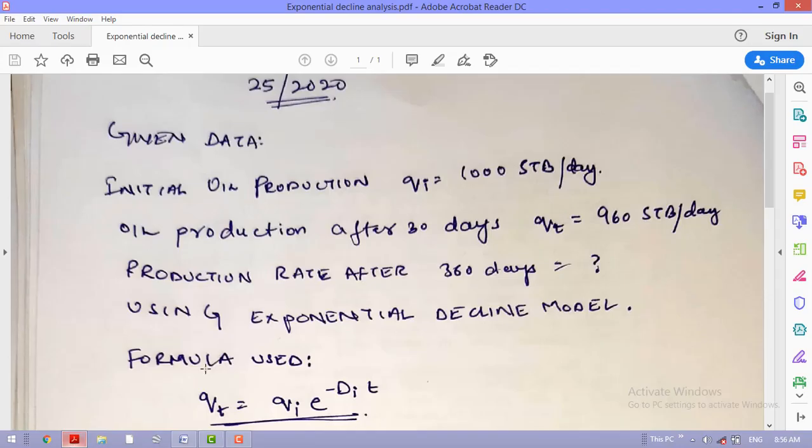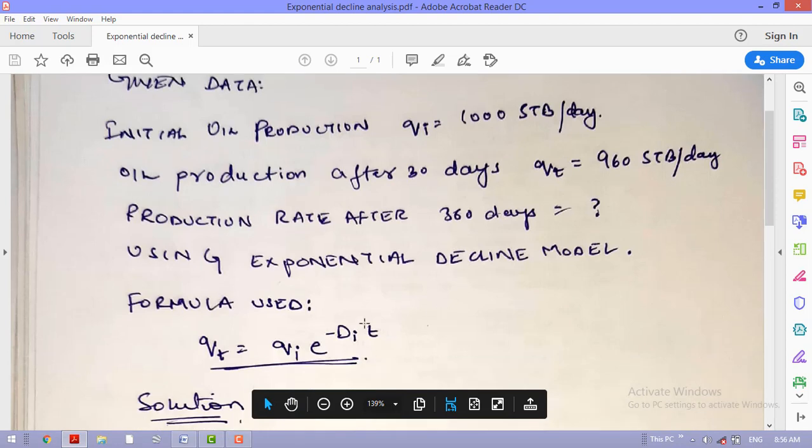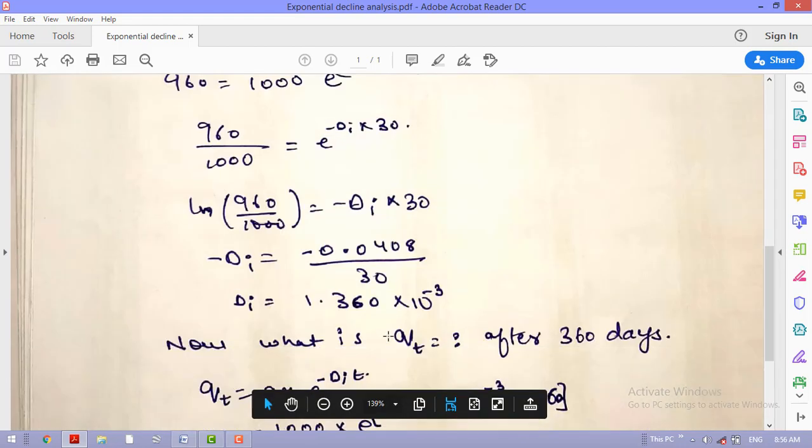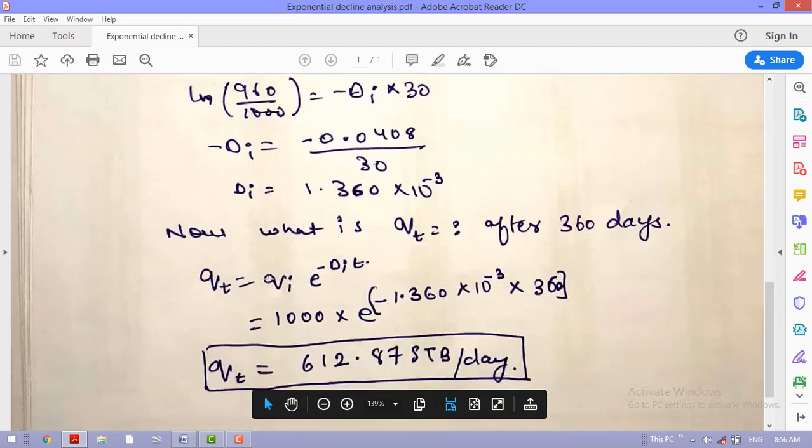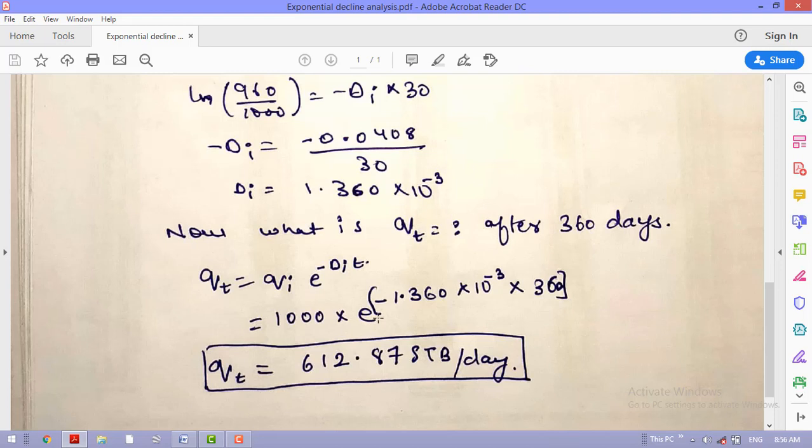I hope you understood how to use this T, so whenever he asks you to calculate QT from a particular time, you have to consider that. So QT equals QI e power minus DI into T: 1000, which is the initial oil production rate, into e power of what we calculated, D as 1.360 into 10 power minus 3, into 360 days.